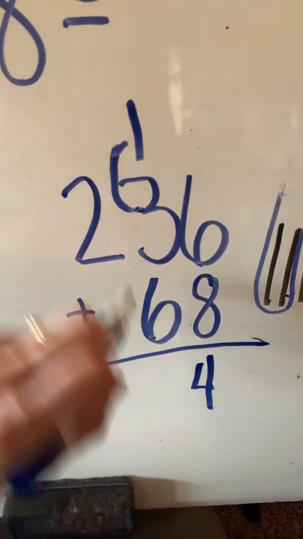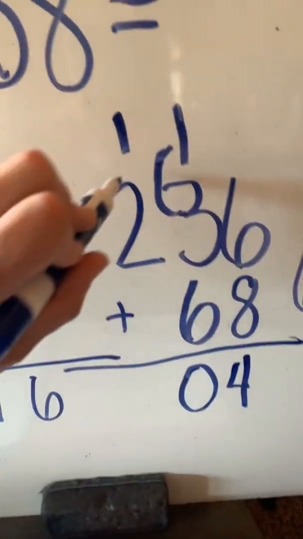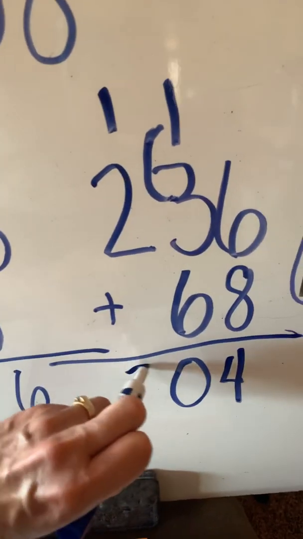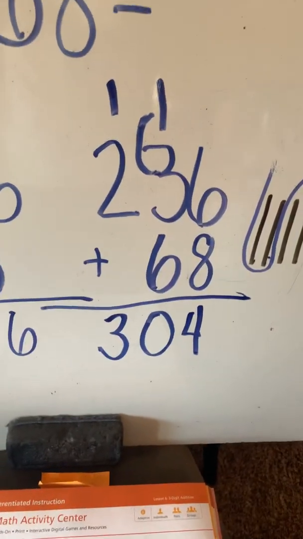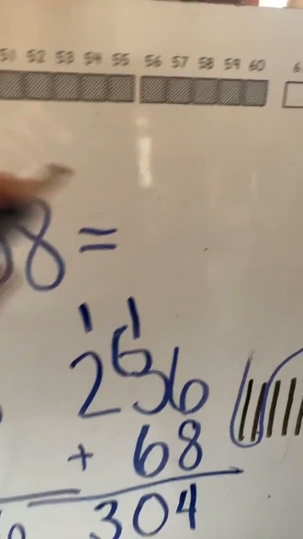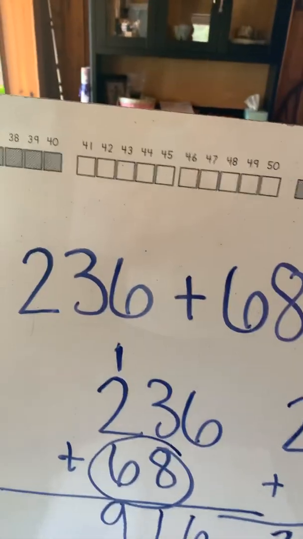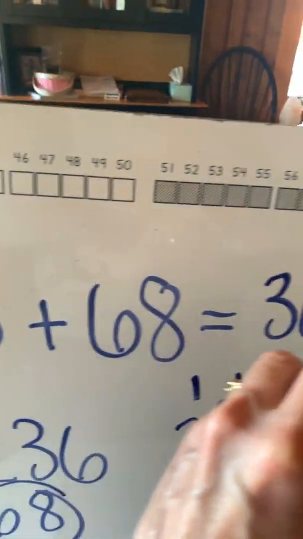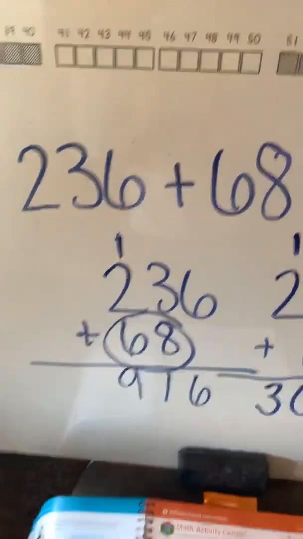Plus 6 is 10. And 1 plus 2 hundreds is 3 hundreds. Does that sound more like it? Yeah, 304 is the answer. So when you're looking at numbers that are written horizontally, make sure you line them up. All right, we'll see you next time.